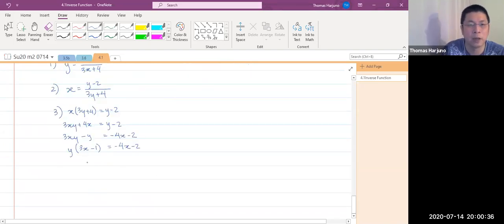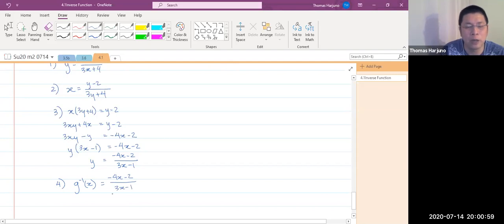And divide by 3x minus 1, giving negative (4x minus 2) over (3x minus 1). So the inverse function, g inverse of x, the inverse of g(x), right? So it is negative (4x minus 2) over (3x minus 1).